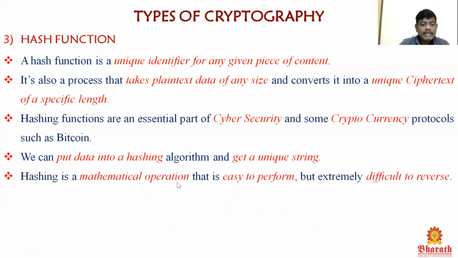Hashing is a mathematical operation that is easy to perform but extremely difficult to reverse. In secret key cryptography, we do encryption and decryption, and decryption is the reverse of encryption, which is a completely easy task.